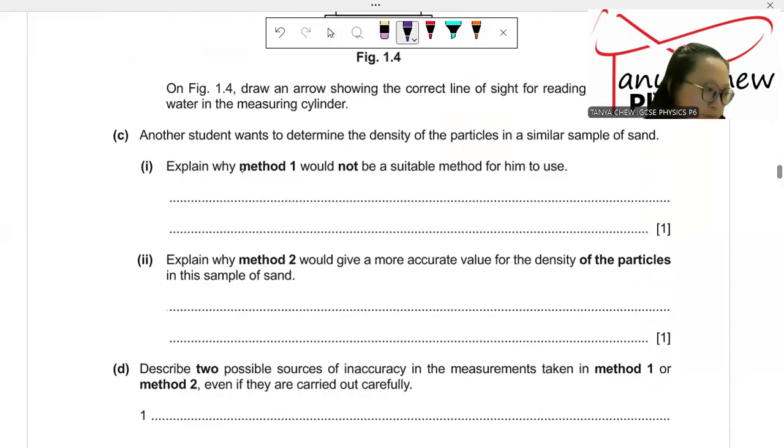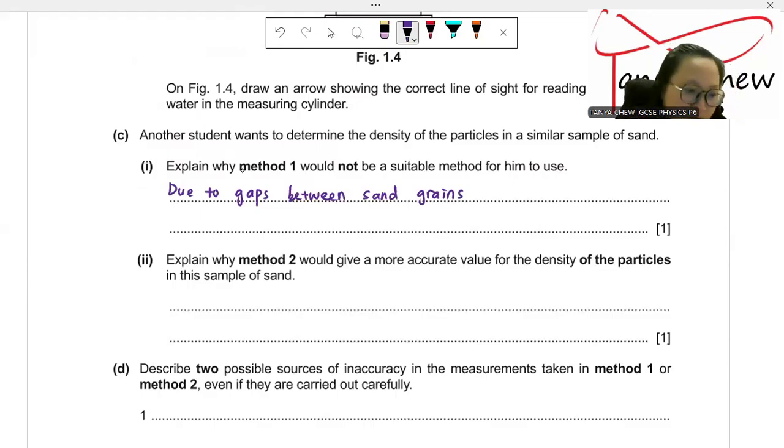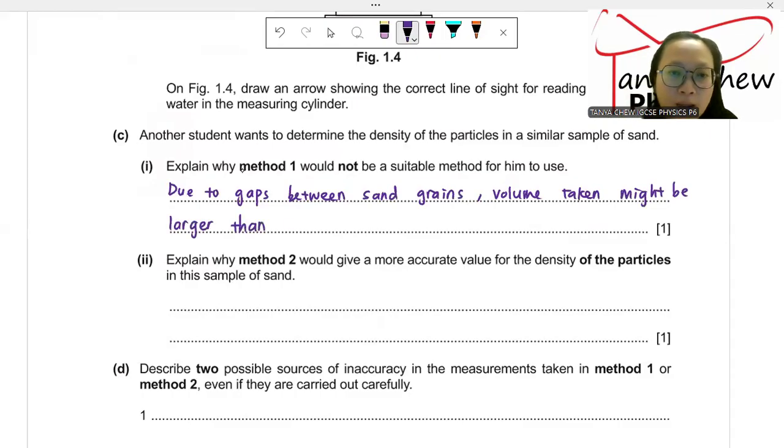Because this is 1 mark, I would just explain: due to the gaps between the sand grains, volume taken might be larger than the actual volume of sand.